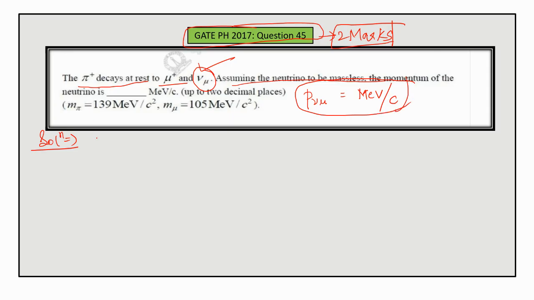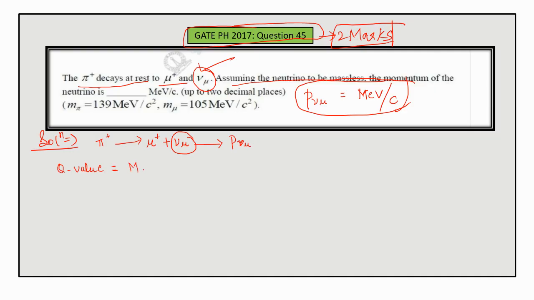Okay. Now, first, it is given that pion is decaying to muon and muon neutrino. And we are asked to find out the momentum of the neutrino. So what will we do? You know the Q value, the amount of energy emitted or absorbed during a nuclear reaction, right? So Q value can be defined in two ways.